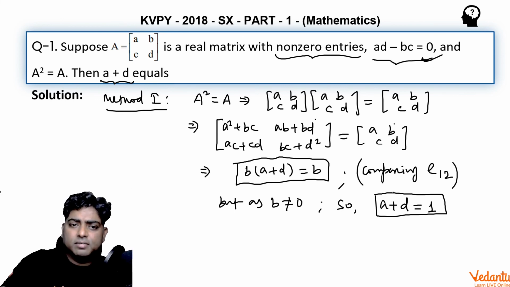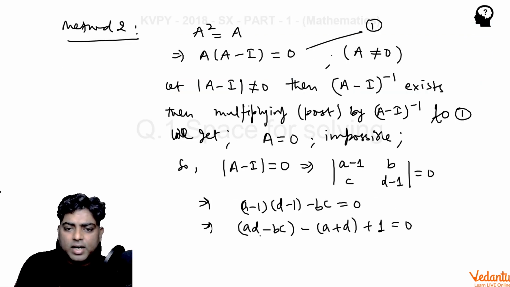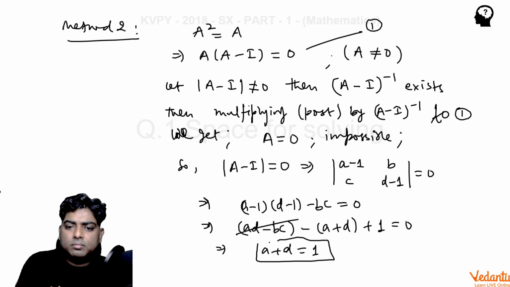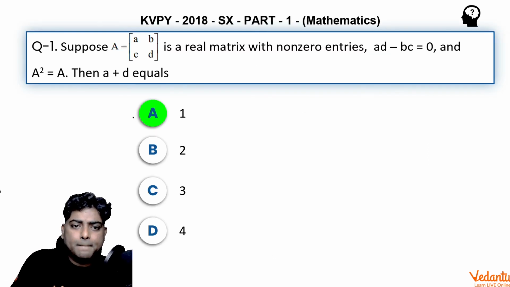So we got the answer by method 1 as A plus D as 1. From method 2 also, AD minus BC is 0, so this is cancelled, and here A plus D we got as 1. So again by method 2 we got the same answer, A plus D to be 1. Finally the answer to this question is given in option number A.